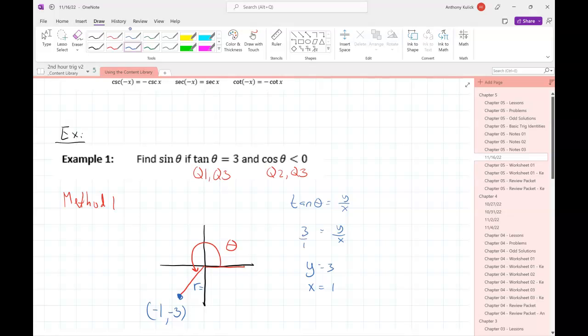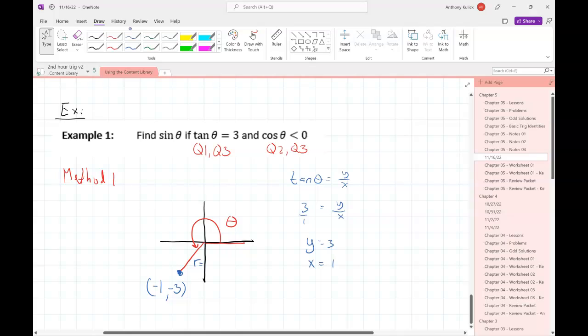And then how do we find that r? R is the distance from the origin to that point. So how do I calculate r? Just using the distance formula, right? But since the origin is 0, 0, I have the square root of x minus 0 squared plus y minus 0 squared.